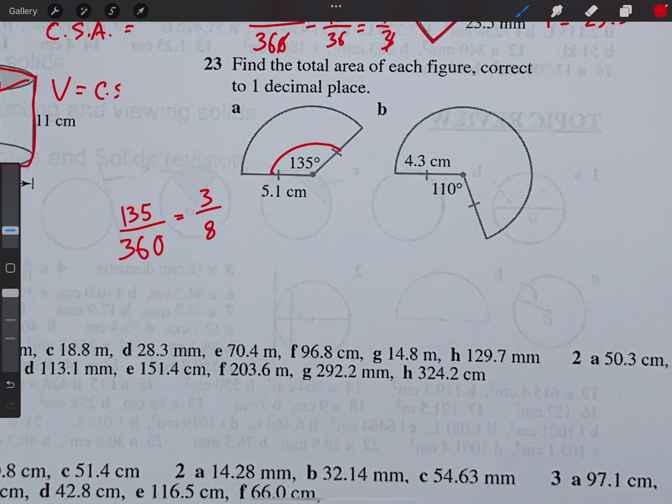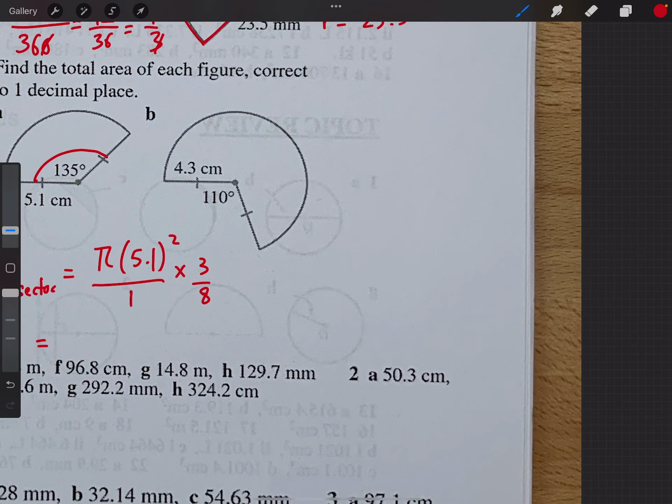So to find the area of this sector, it is equal to the area of the entire circle, which is pi times radius squared. Radius is 5.1 squared. Then we must multiply that by 3/8. And then you get your answer there.